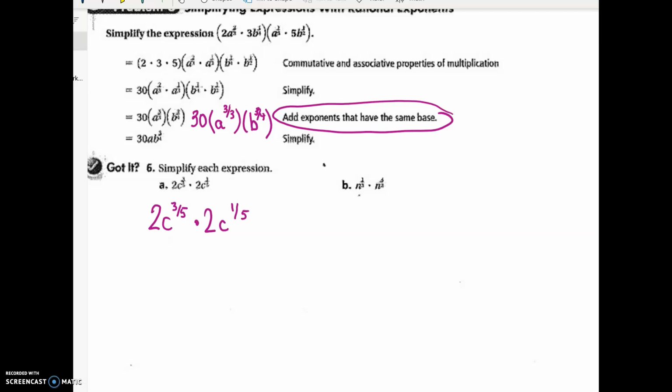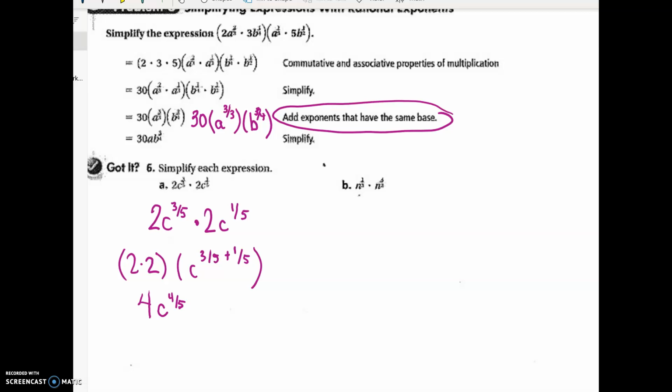So I'm going to, again, use commutative and associative properties to regroup things. So I would do 2 times 2, regroup. And then I would do the c, 3/5 plus the 1/5. They already have like denominators. So I would multiply these, and I would add those. So I would get c to the 4/5 power. So we would end up with 4c to the 4/5 power. So that's how we do those.